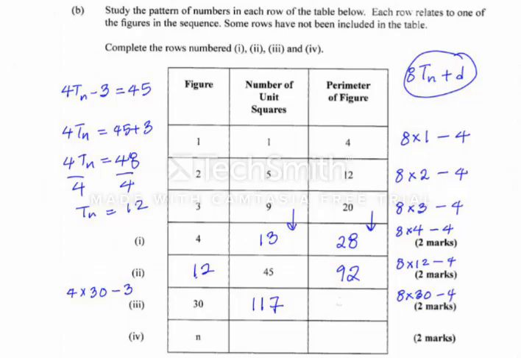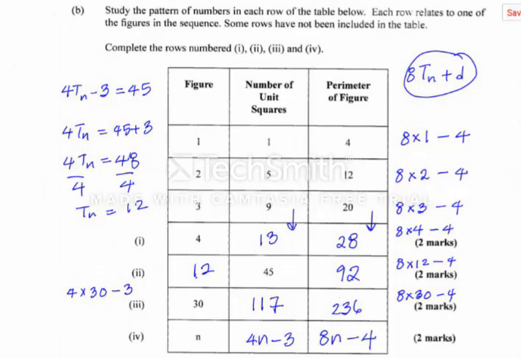So 8 times 30 is what? 240 minus 4, that's 236. All right. So to get the middle value, you multiply the term number by 4 and then minus 3. So here, this is going to be 4n minus 3. And over to the right-hand side, it's going to be 8n minus 4. All right. So that would be the end of question number 8.